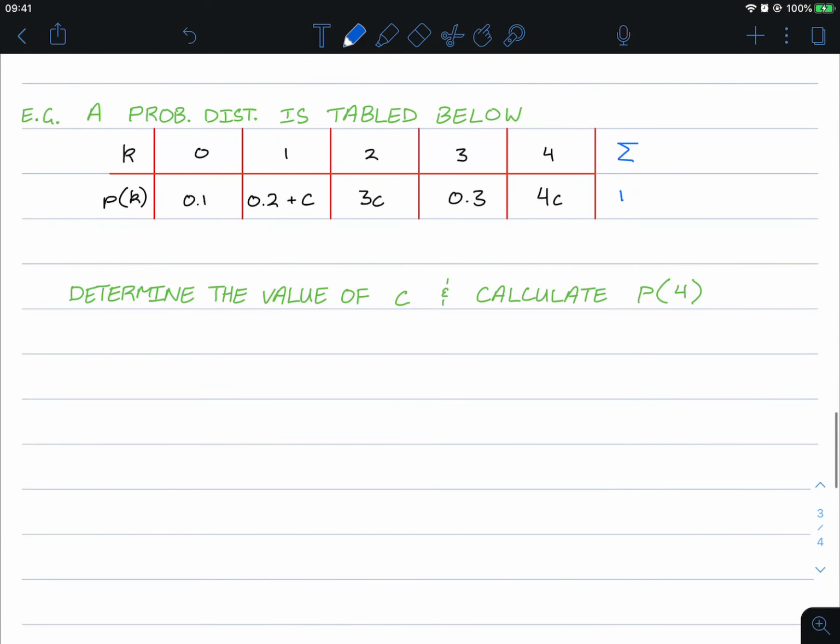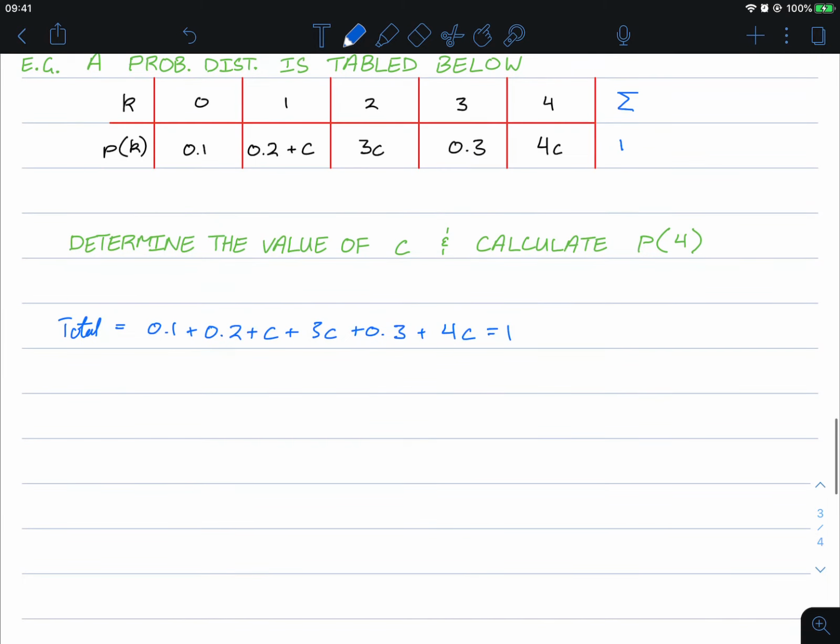So adding all these up, let's do the total, is equal to 0.1 plus 0.2 plus C plus 3C, I'm just adding each of these up, plus 0.3 plus 4C. All of this must equal 1.